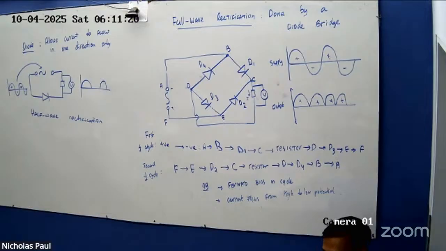If we connect a large capacitor across the diode bridge, we can obtain a straighter graph by smoothing out.